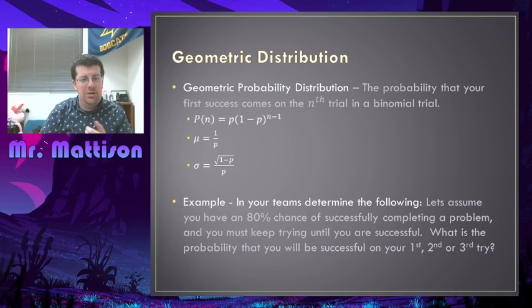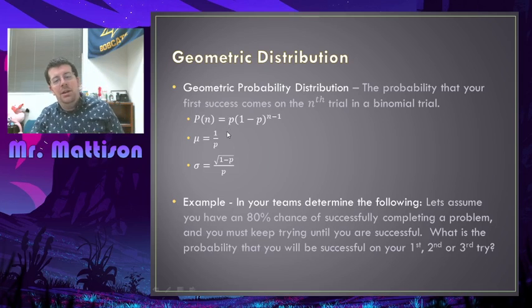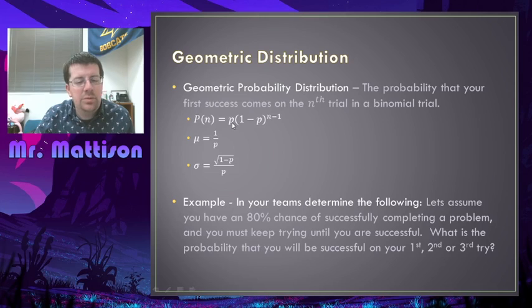So what about my second try? My probability of being right on my second try is 0.8 times 0.2 raised to the 1, because I need 1 failure and 1 success. And the probability of being right on my third try would be 0.8 times 0.2 raised to the second power, because I need 2 failures and then my 1 success.